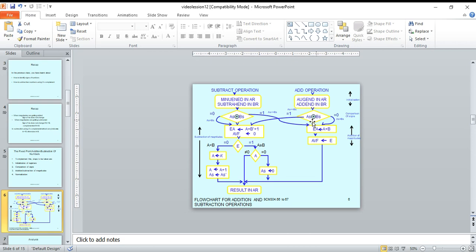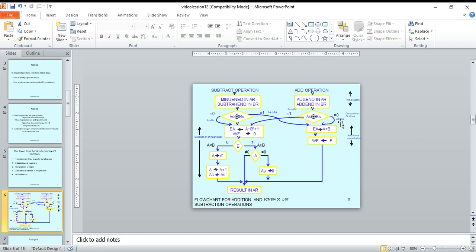Here AS, the sign of the AR register, is 0, and BS, the sign of the BR register, is 0. So 0 XOR 0 gives 0, which means AS equals BS. Both numbers have the same sign.